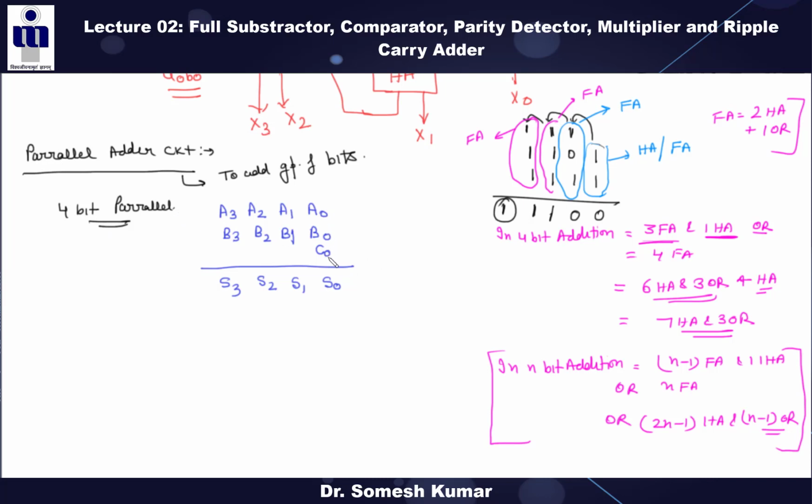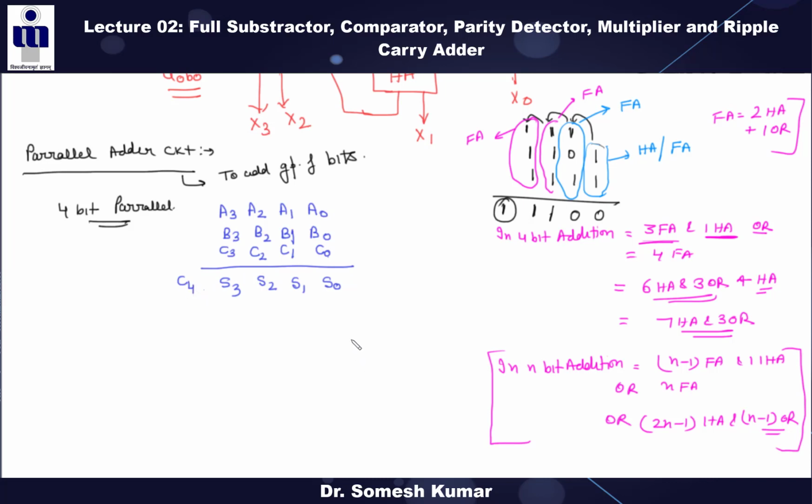It may be 0, maybe 1, so that's why I am denoting this C0. Here C1 is the carry from A0, B0, C0, right? This is C2, this is C3, and this is your C4, right?